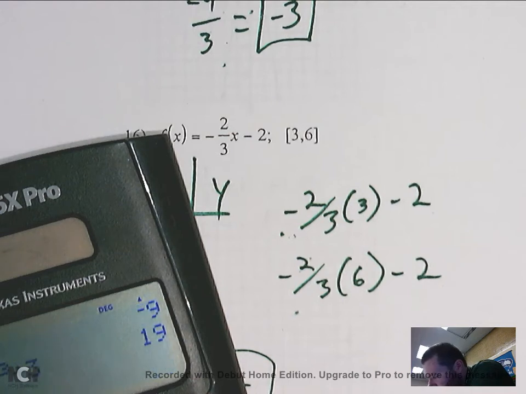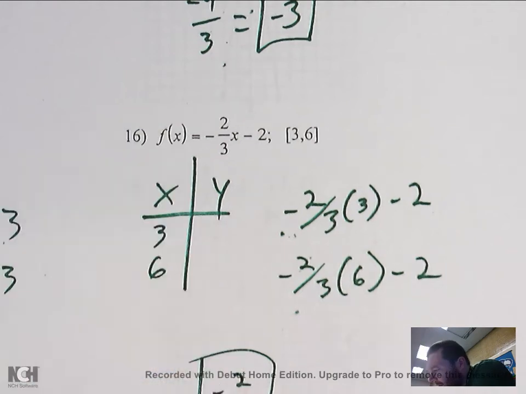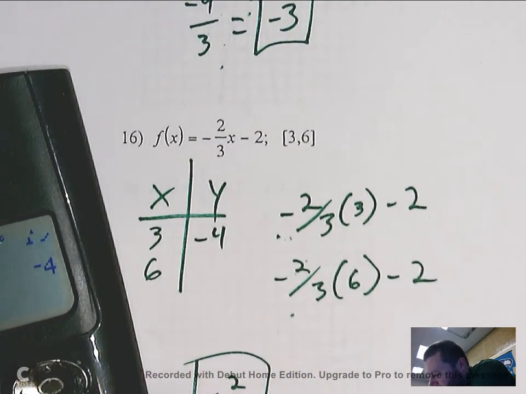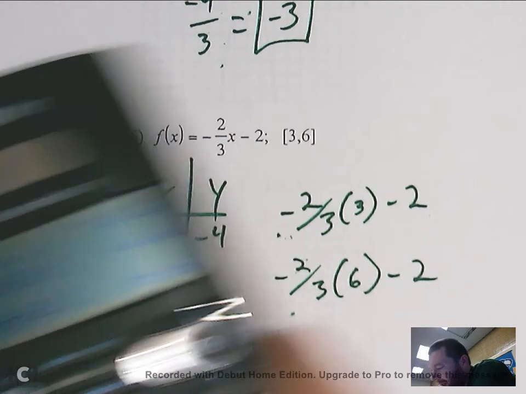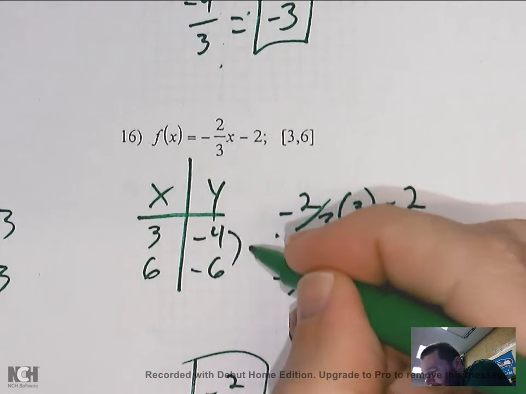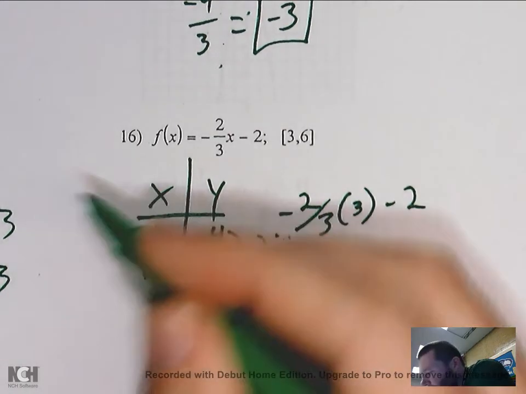When I plug those in, negative 2 over 3, parentheses 3 minus 2, I get negative 4. And then negative 2 over 3, parentheses 6 minus 2, I get negative 6. So that went down 2 spots, so minus 2.